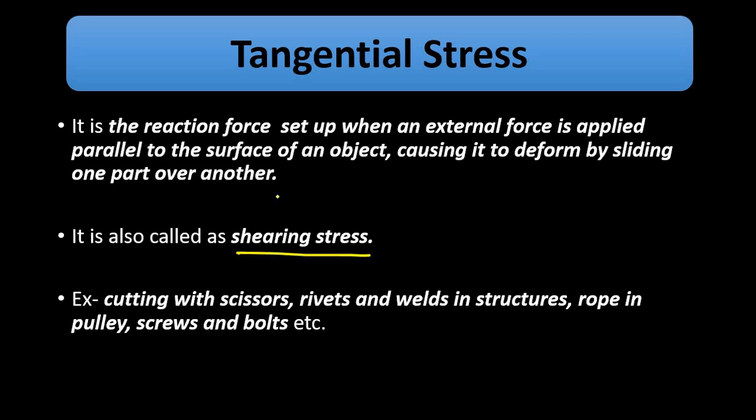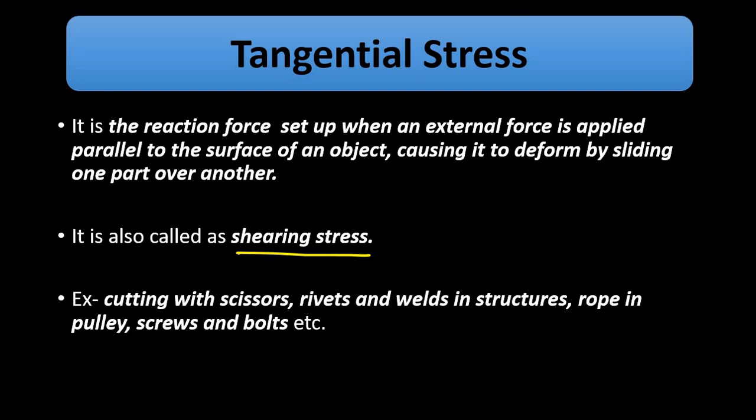Examples of such tangential stress are whenever we try to cut an object with scissors, also rivets and welds which are used in structures, pulley rope system, screw and bolt system. They are all examples of tangential stress, where the external force is applied parallel to the surface, instead of normally or perpendicularly.